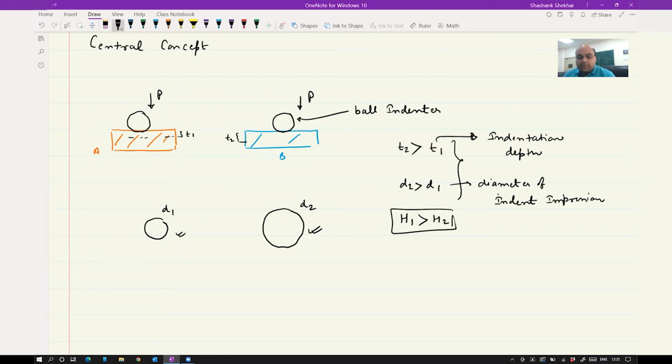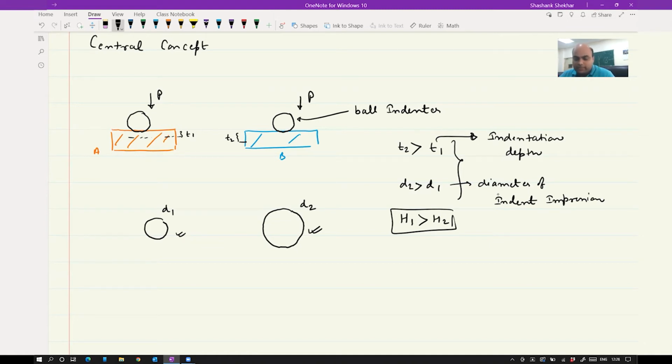This is the central concept of indentation hardness: we try to see the impression of the indent you have made. But in Rockwell, we don't see the impression; we measure the depth of the indentation. So in Rockwell we use the concept of T2 greater than T1, and in Brinell and Vickers we see the indent impression, measure the diagonal length or the diameter of the circle, and then finally measure the hardness.